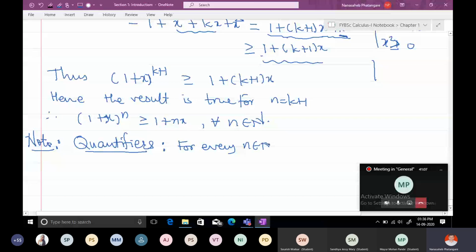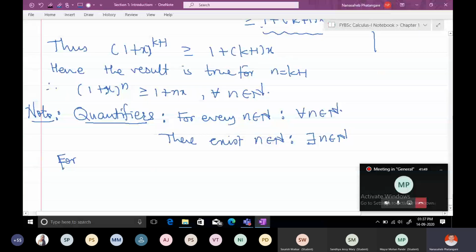You need to understand this, because sometimes I am writing this kind of notation, so there should not be confusion. There exists n in N. This is a notation or quantifier I use for existence.